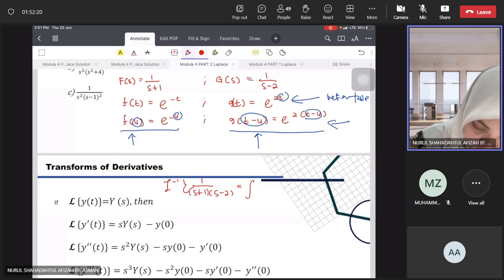the integration from 0 to t of e to the negative u times e to the t minus u. So you just combine here to here.